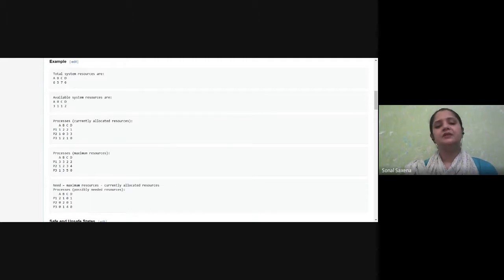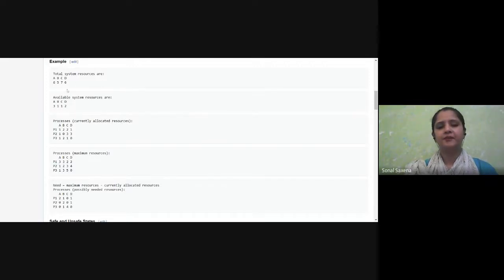Then available system resources. So what is available? The system has in total this much of resources. But because the resources are never sitting idle, obviously they are allocated to the requesting processes. So let us assume that out of this, some of the resources are already allocated.